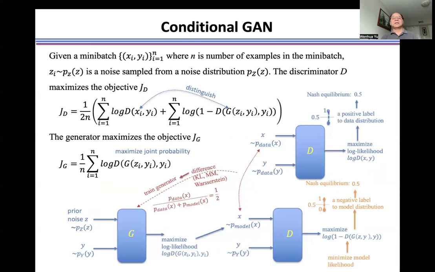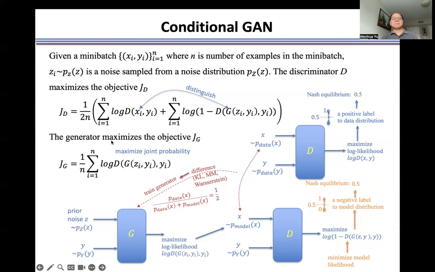Given a mini batch, where n is the number of examples in the mini batch, Z is noise sampled from a noise distribution Pz. The discriminator D maximizes the objective function JD to distinguish its input from a data distribution or from a model distribution.